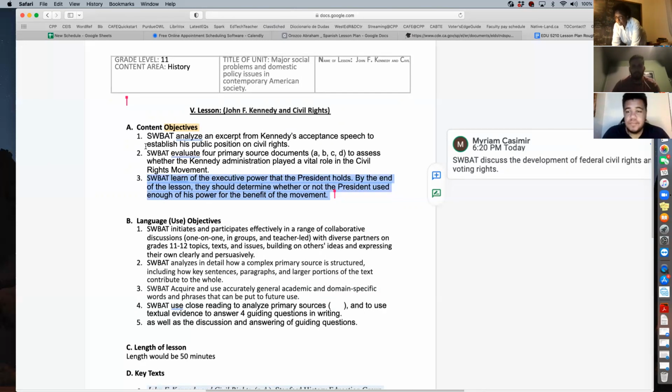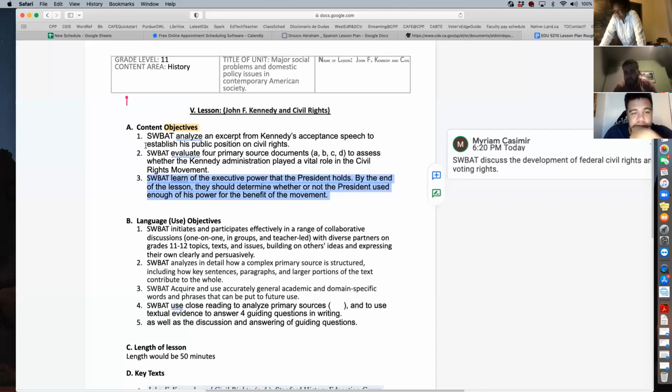What if you put something like this in that quick write at the end, like put a requirement that they determine whether he used enough of his power for the benefit of the movement. And then it would make sense to use that as an executive. Okay. Yeah, can somebody go back there and change the prompt to include content objective 3. That's what the note should say. For the quick write-in discussion, or at the last task. Yeah, quick write-in discussion. Sorry, I've been sitting forever.